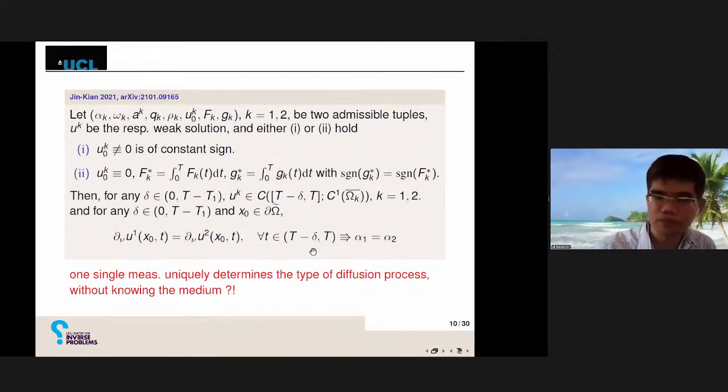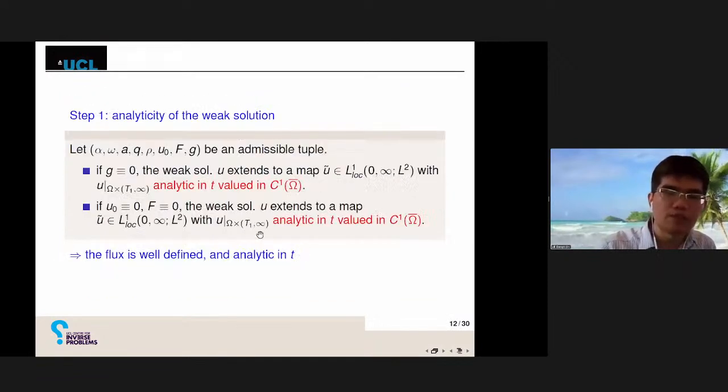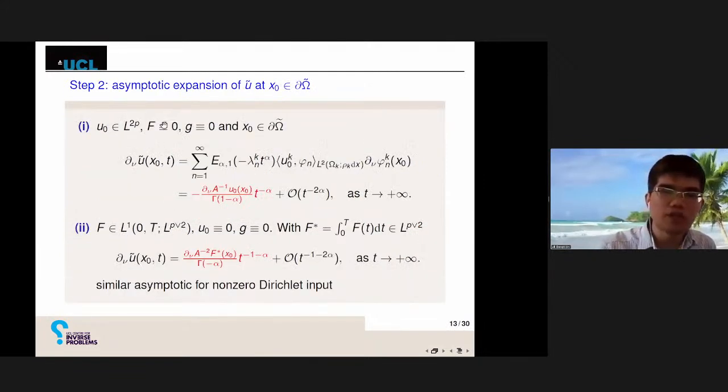So that's the first point. The solution, even though we do not know the parameters, we can show that the solution or its normal derivative will be analytic in time for large T. Moreover, it's not only analytic.